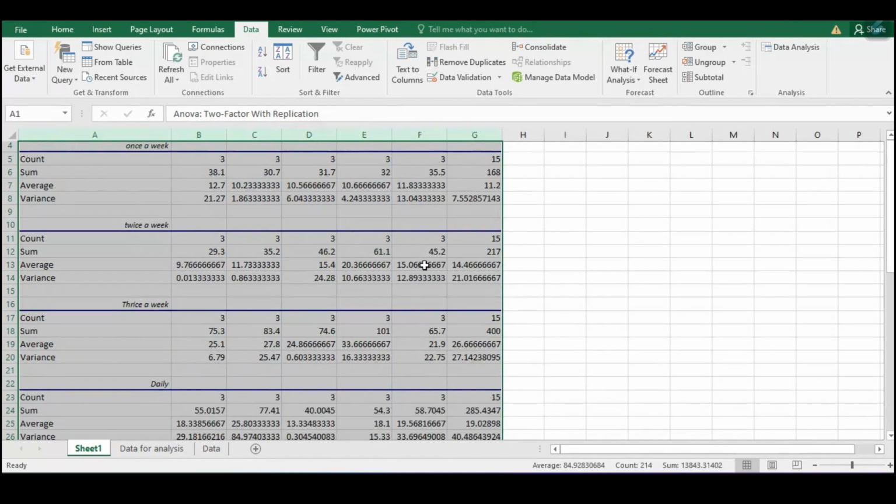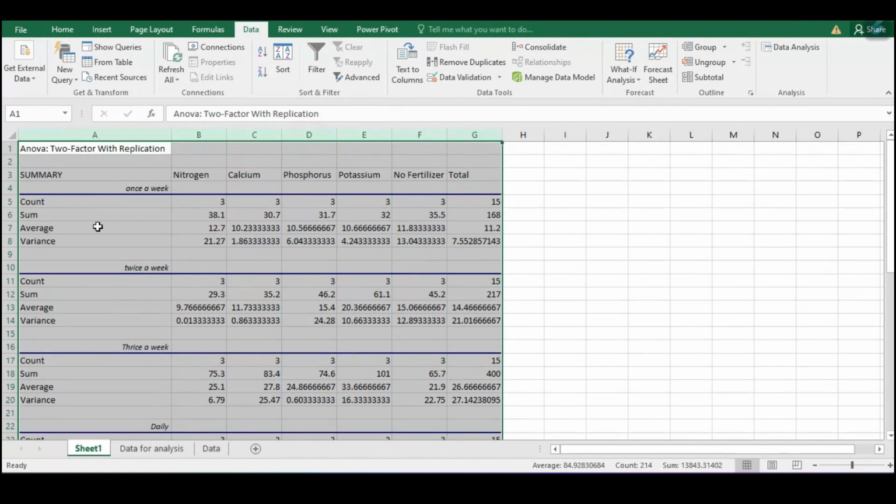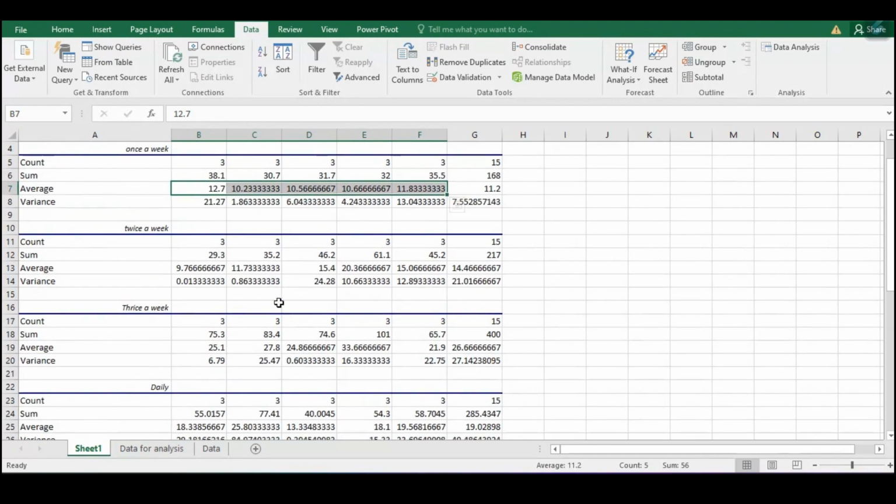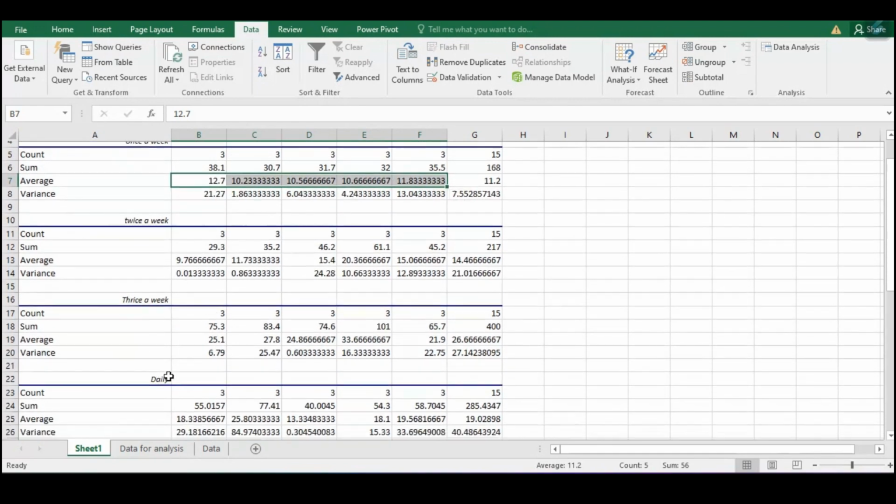Once we have our results here, you'll find the average, let's say once a week, we can get the average levels. We will find that nitrogen fertilizer recorded the highest at once a week watering frequency, followed by no fertilizer. So you can get all the summaries of each and every one, let's say daily.